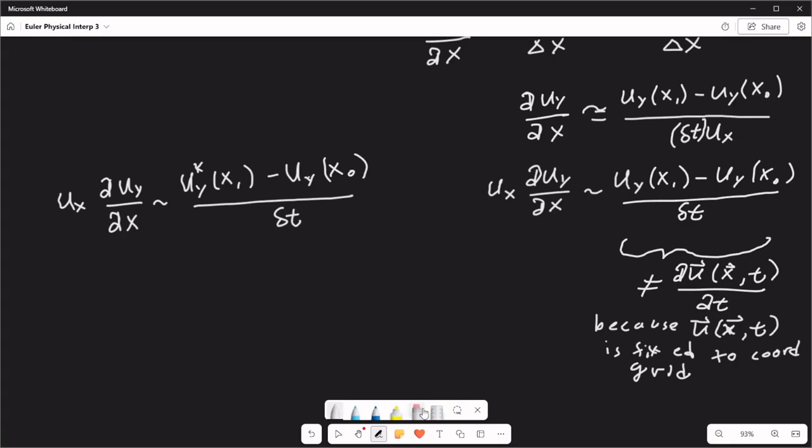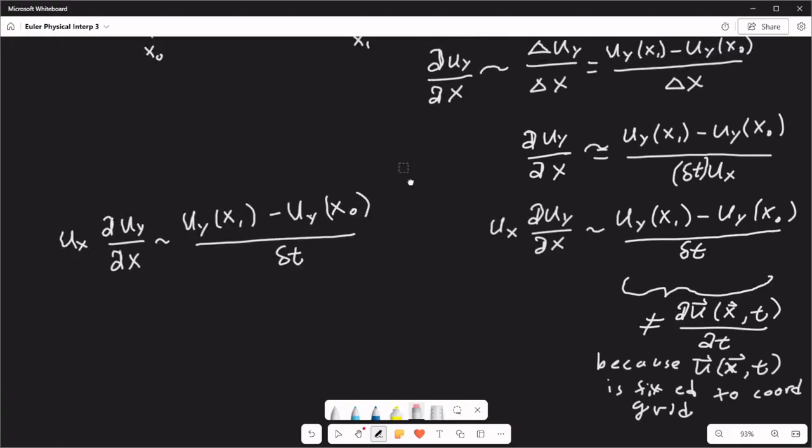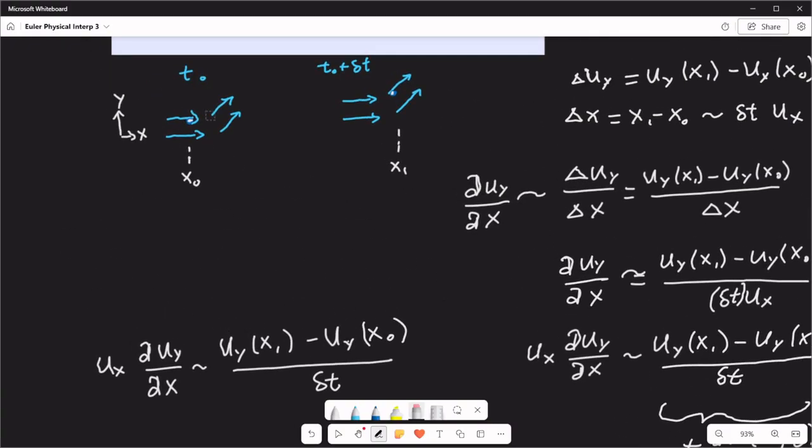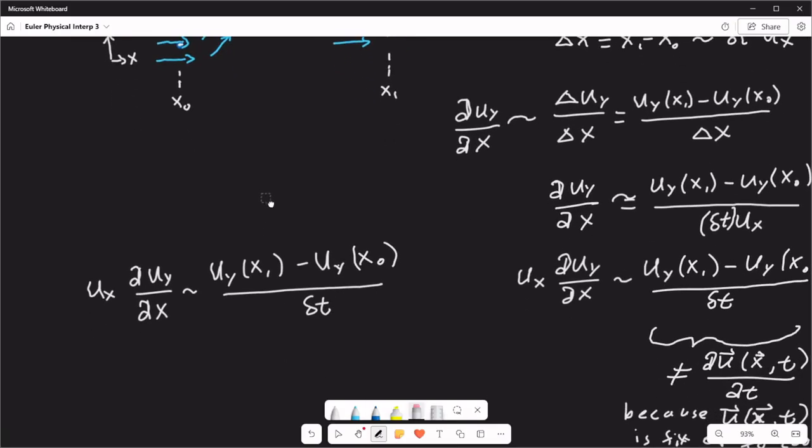Well, actually these are the fixed velocity field, but because this particle is moving between these two velocities, it's undergoing an acceleration because it started out at this velocity when it was here, and then it moved into a higher velocity field in the y direction. So now it's at a higher velocity. So this is an acceleration of the actual particle.